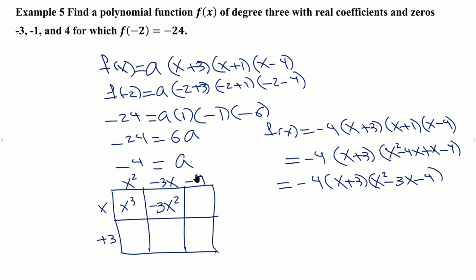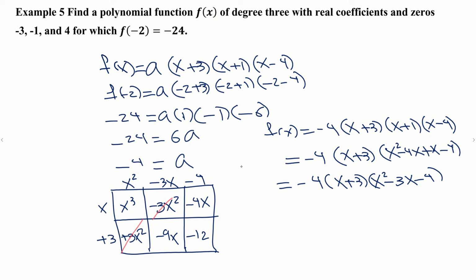X times -4, we multiply it out just like a times table, right? Plus 3 times x squared gives me plus 3x squared. Positive 3 times negative 3x is negative 9x, and positive 3 times negative 4 is negative 12. Basically we combine everything inside the box here, and that's going to be our result. So I notice these cancel out. So that's going to simplify things quite a bit.